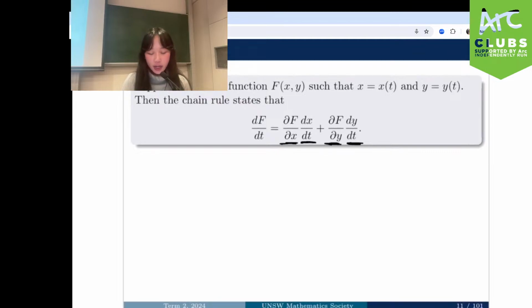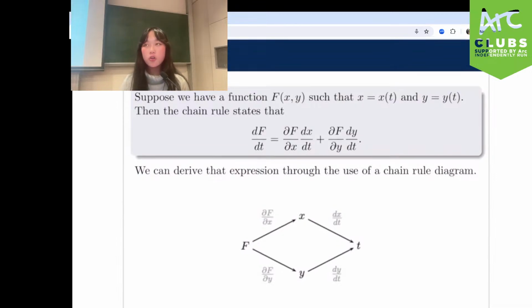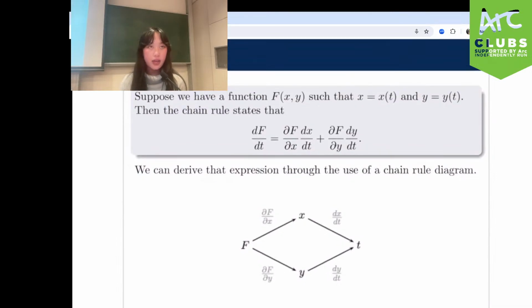And there is a very nice diagram which shows us how that goes, and it looks like this. So what this means essentially is that f is our original or our entire multivariable function.